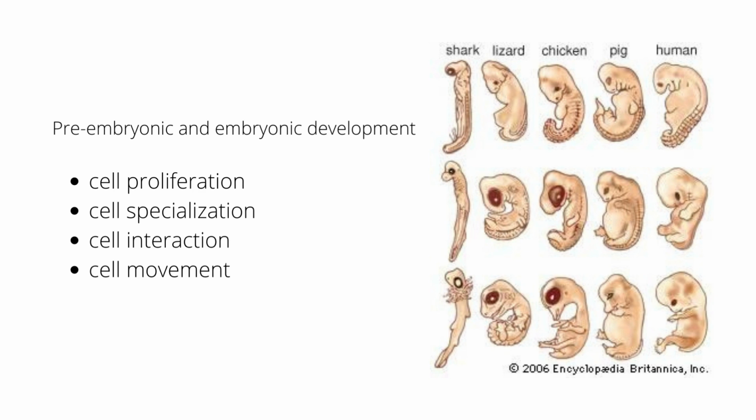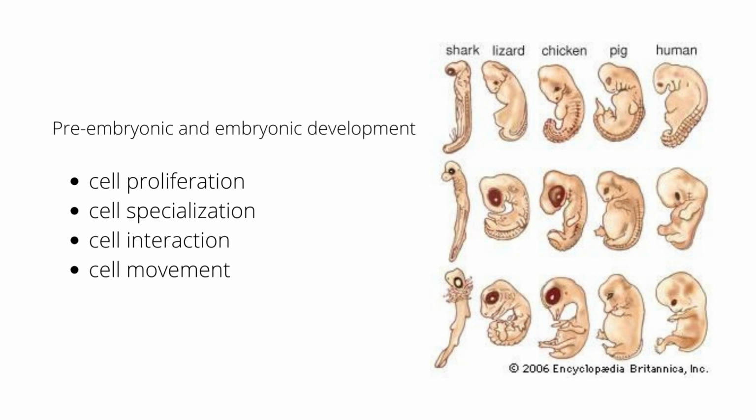Here, in the pre-embryonic and embryonic development, much of the developmental machinery or the cellular apparatus used in formation of human beings is similar to that used by other vertebrates as well as, for example, shark, lizard, etc., and also some invertebrates.